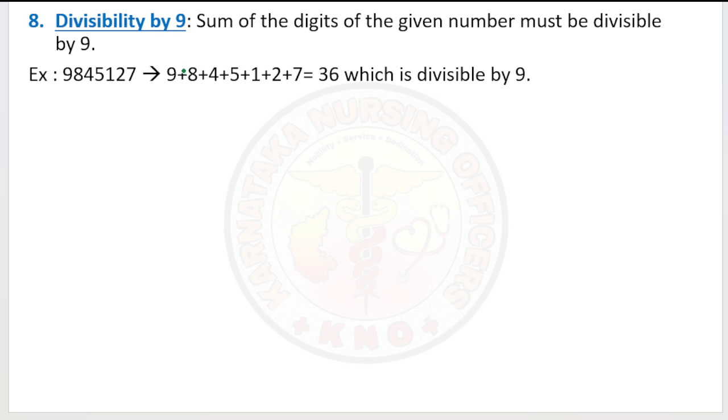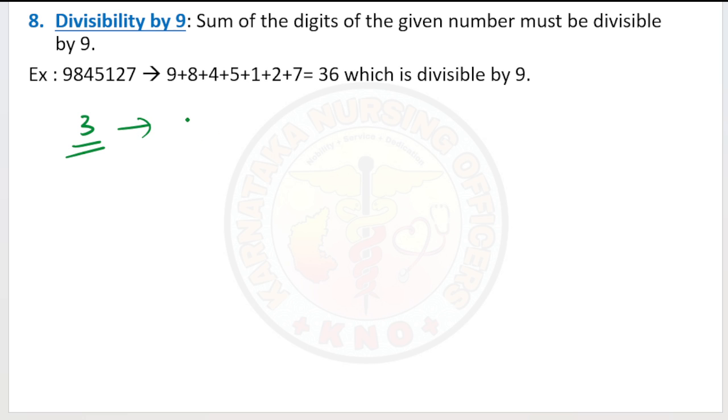So what is the rule of divisibility by 9? The sum of the digits of the given number must be divisible by 9. For the divisibility rule by 3, what is the rule? Same rule, right?